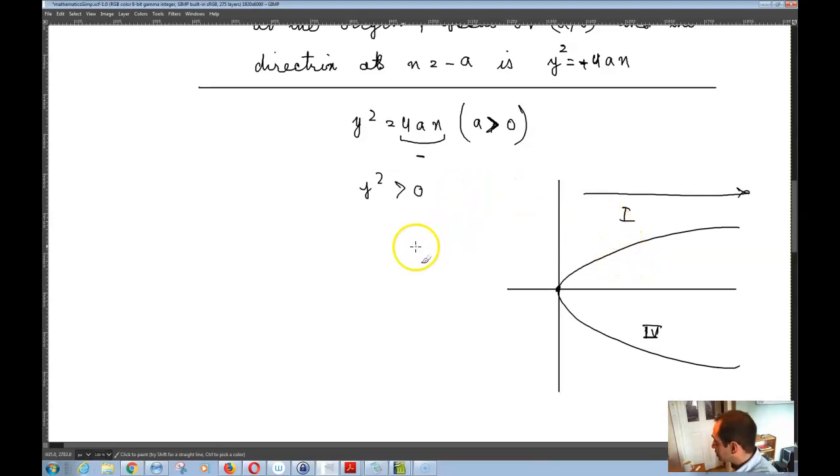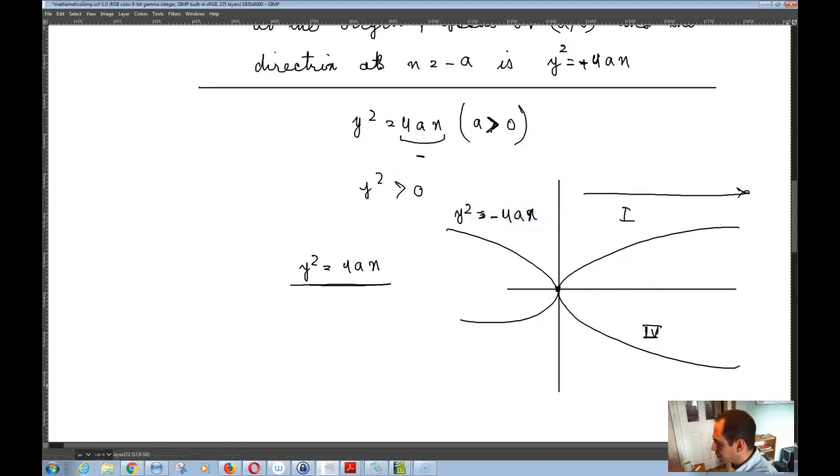Now this equation that we found over here, y squared is equal to 4ax, along with the other equations that we found. For example, if your parabola looks like this, it's going to be y squared is equal to negative 4ax. If your parabola is something like this, it's going to be x squared is equal to 4ay.